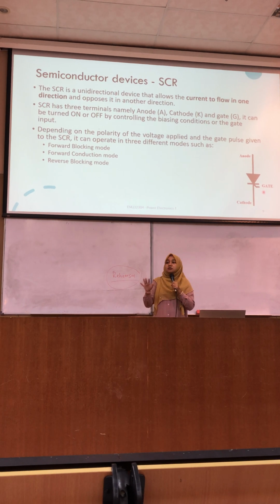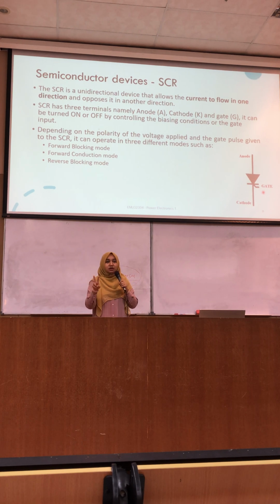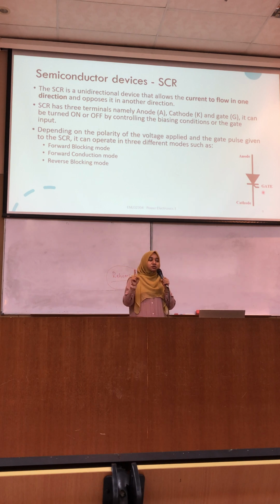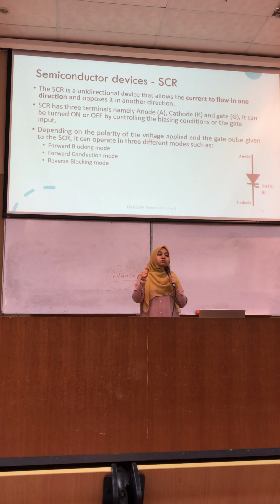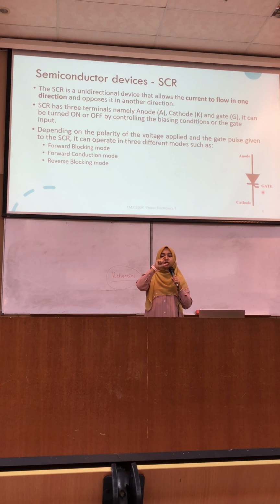If you are using simulation in software, in PSIM, there are two ways you can generate the pulses. Later you're going to see during your lab session. One that we use is the gating block. This gating signal block will give fixed pulses. However, you need to set how many pulses you want in one cycle. If let's say you want 3 pulses, the number of switching points will be 3.